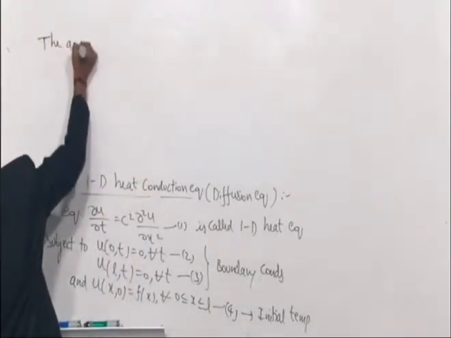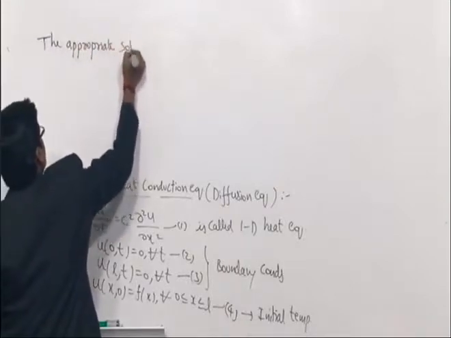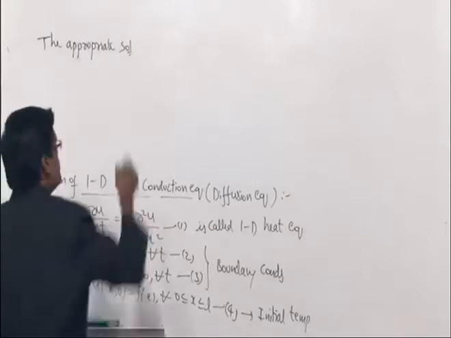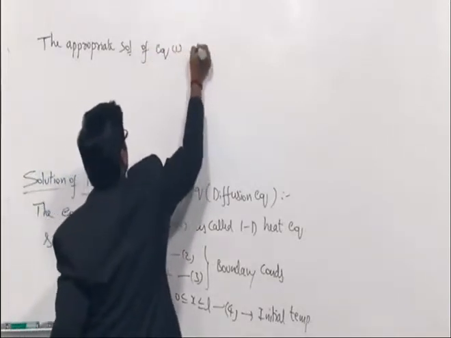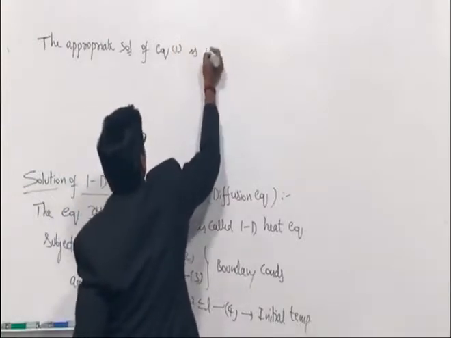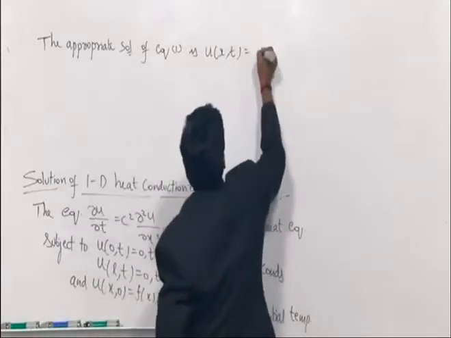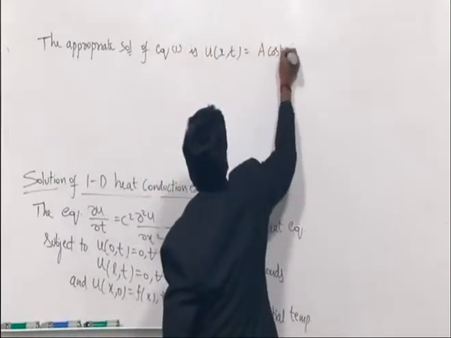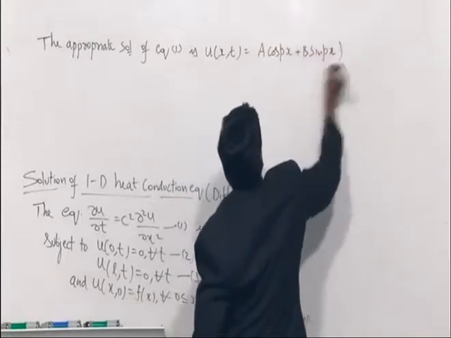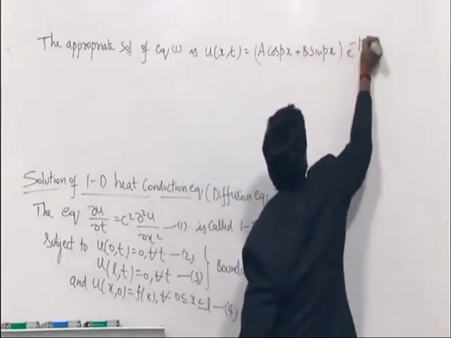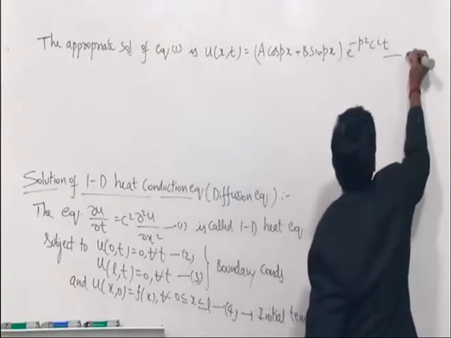The appropriate solution of equation 1 is u of x comma t, the temperature in the rod, is equal to (A cos px plus B sin px) multiplied by e power minus p square c square t, equation 5.